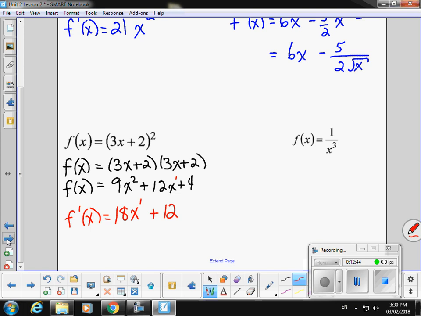For the last one, I have the number 4, and the number 4 has an implied x to the 0 beside it. If you bring down your exponent, you would have 0 times 4, which is 0. The derivative of any constant is 0.